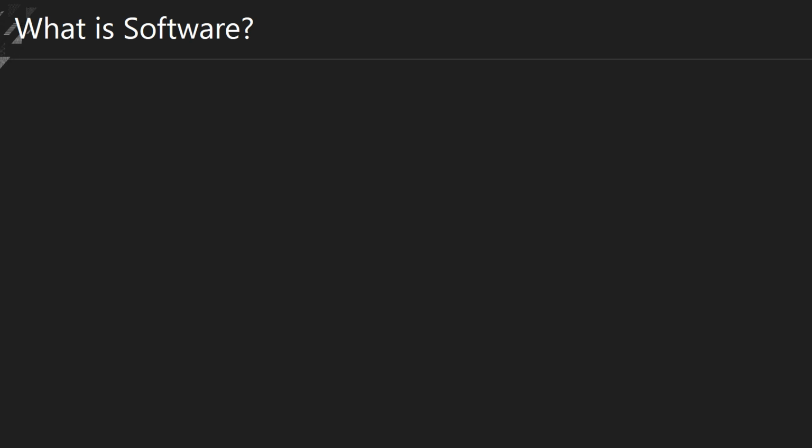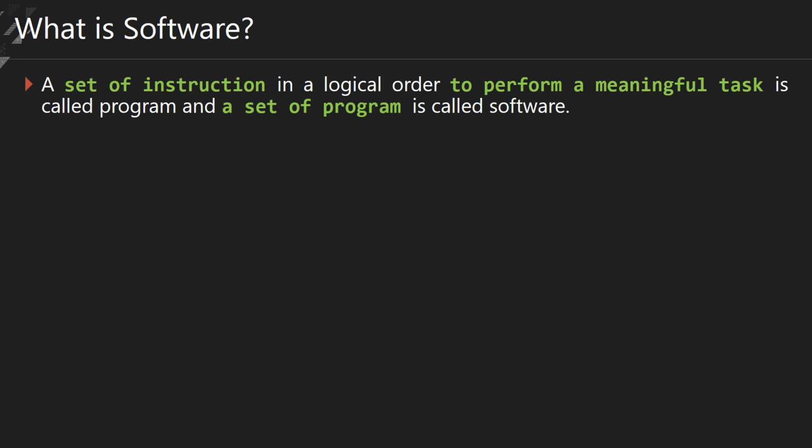Okay. What is software? Once you understand the hardware, let us see what is software. A software is a set of instructions given in a logical order to perform a meaningful task.